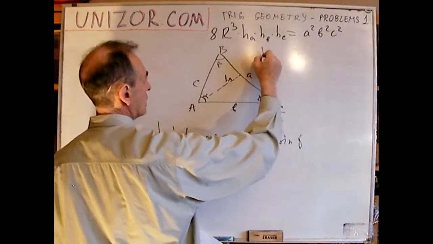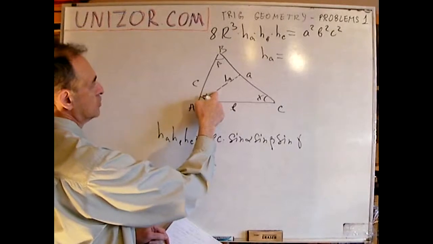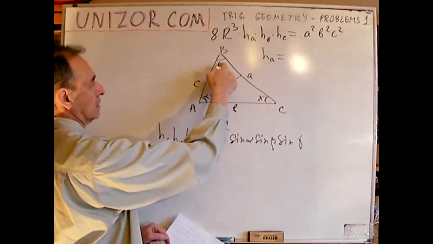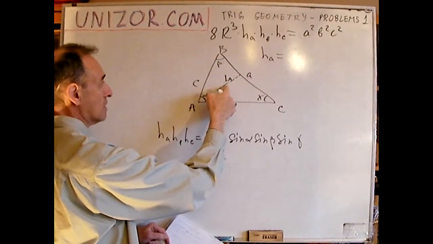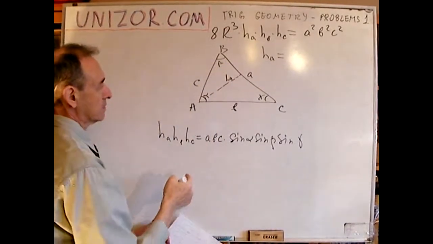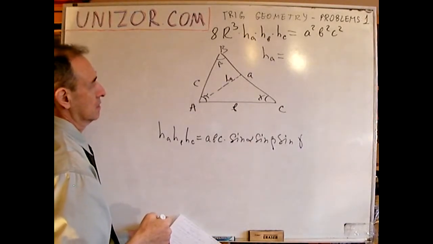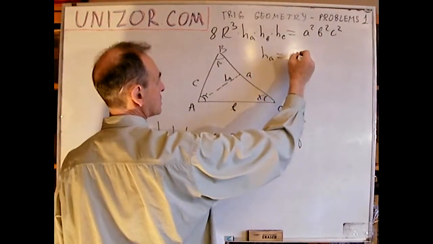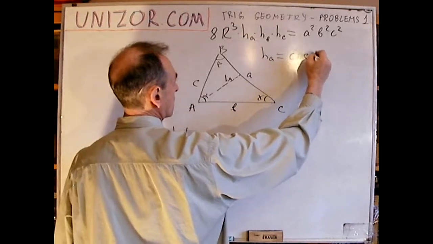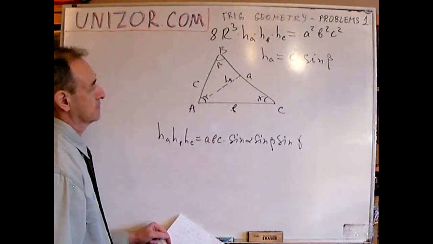Now HA, this is angle beta. So if I divide HA by C, I will have a sine of beta, right? This is an opposite catetus. So HA is equal to C times sine beta. Okay.